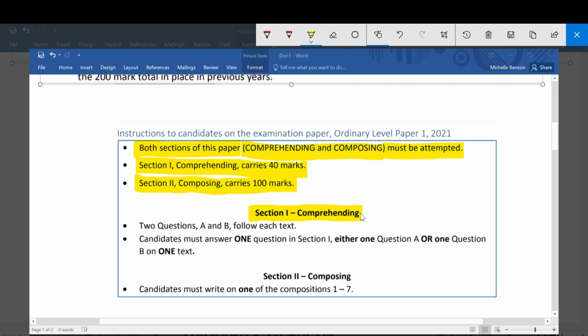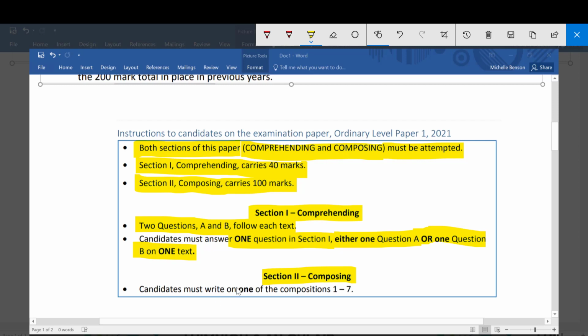Section 1, comprehending. 2 questions, A and B, follow each text. Candidates must answer one question from section 1, either one question A or one question B on one text. Section 2, Composing.